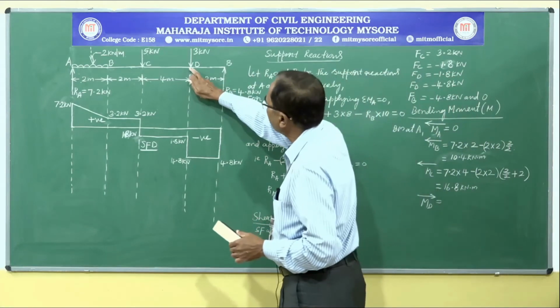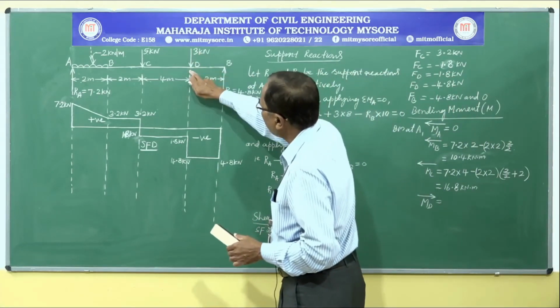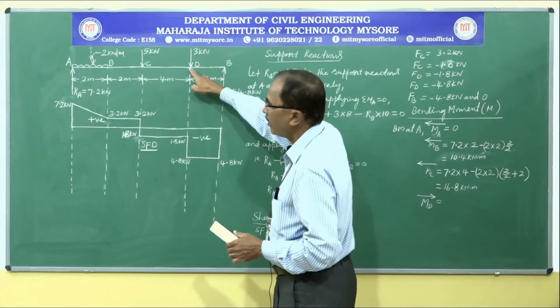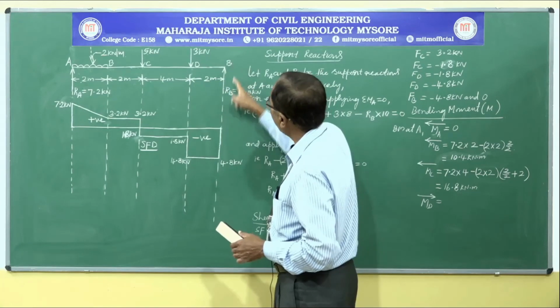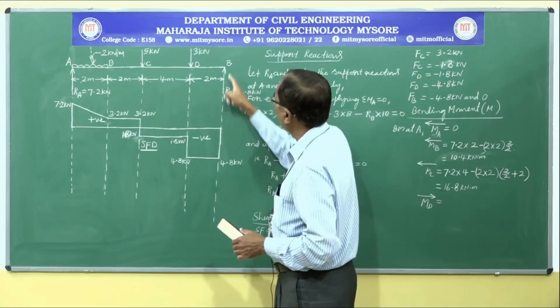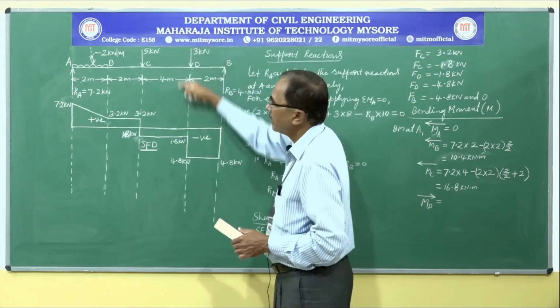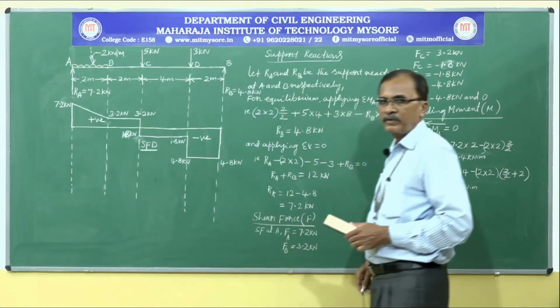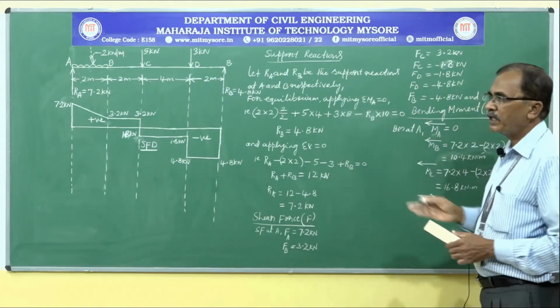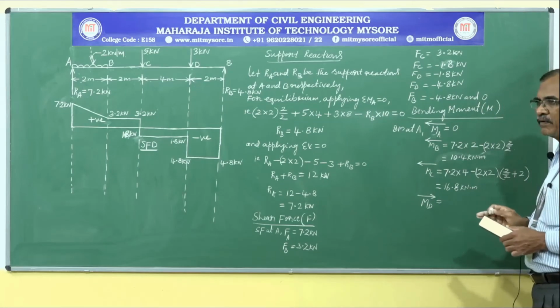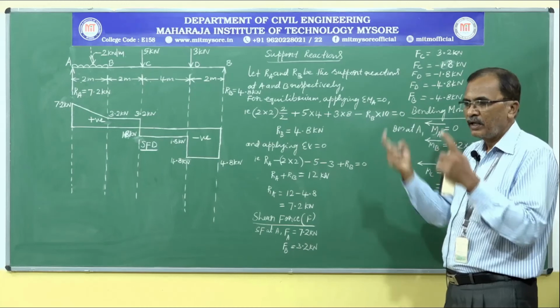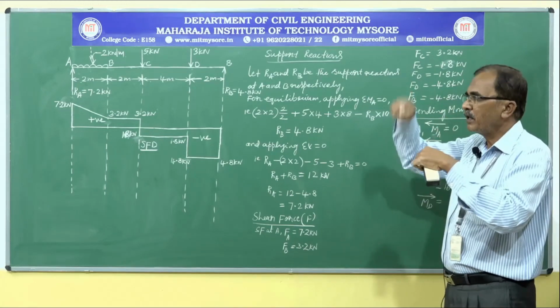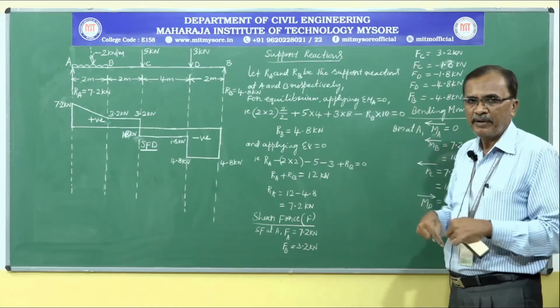At point D, the 3 kilonewton will not create any moment, hence we are not considering this 3 kilonewton, and this support reaction 4.8 kilonewton will create a moment, and it is anti-clockwise moment. To the right side, as we already discussed, the combination of clockwise and anti-clockwise moment will create the sagging bending moment.